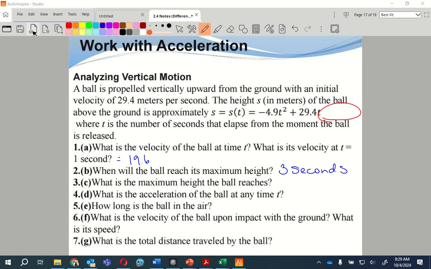All right, let's see. What is the maximum height the ball reaches? So at that point, what am I looking for if I'm looking for the maximum height? Okay, it's going to be meters, but what function am I going to use? S, right? S is my position, right? That's what I need to do.